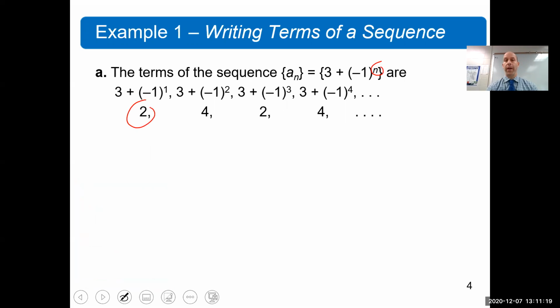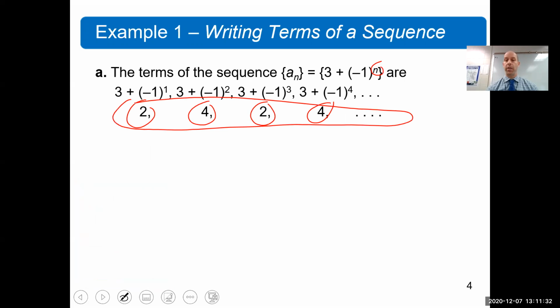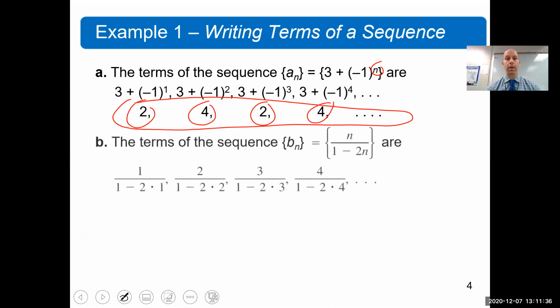If we plug 2 in, that's going to be 3 plus negative 1 squared, which is 3 plus 1, which is 4. And then the next terms are 2 and then 4. So this is our sequence of terms right here. It's just alternating between 2 and 4.